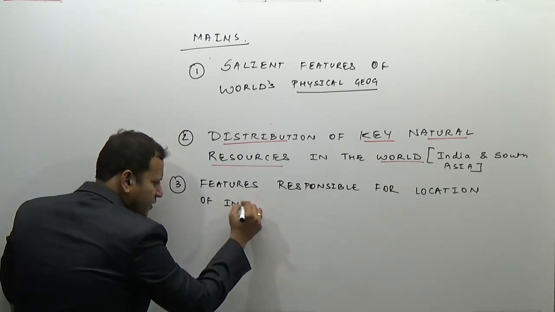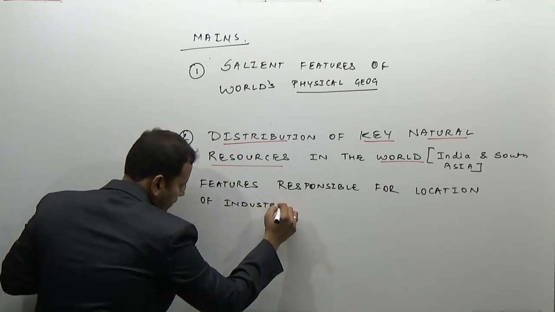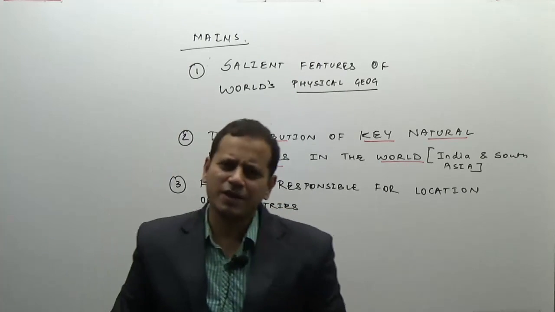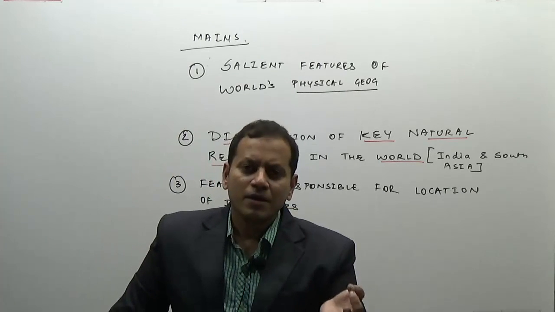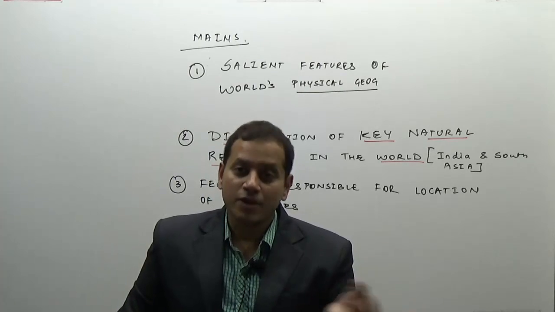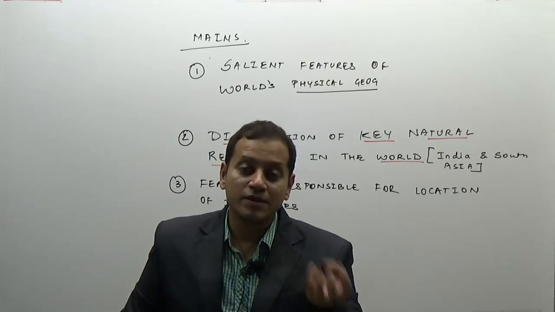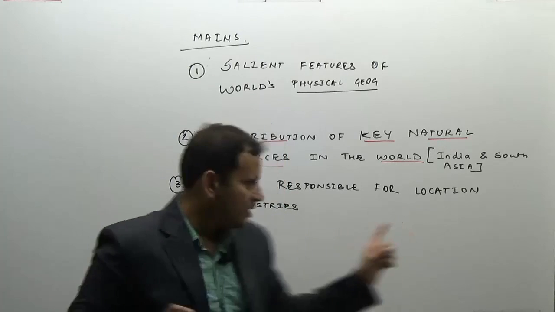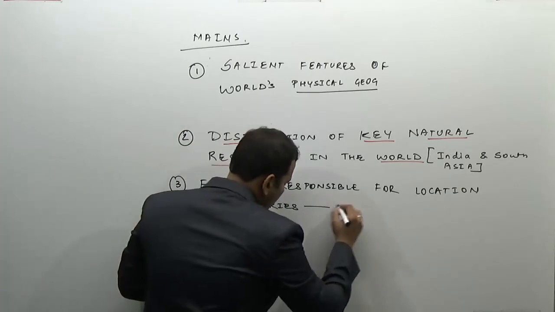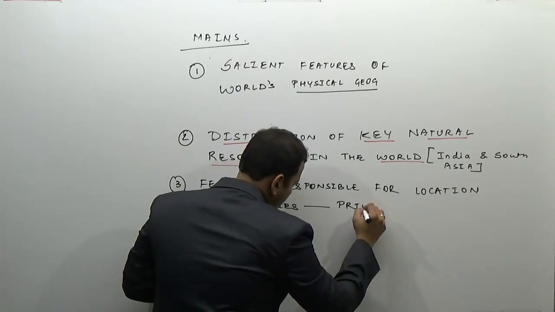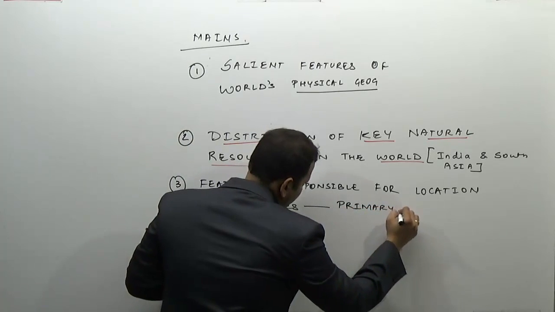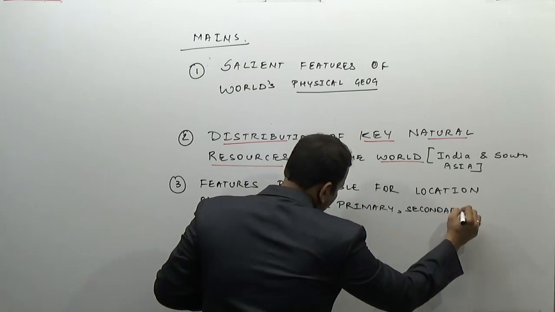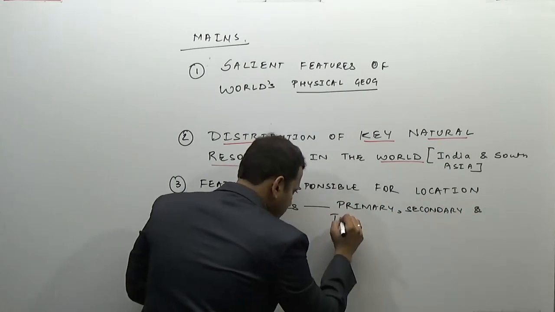And what kind of industries? Manufacturing industry, iron and steel manufacturing industry, transportation industry, service sector industry. These are just examples; we have to study here all primary industry, secondary industry and tertiary industry across the world.